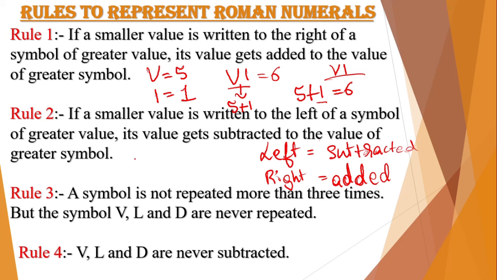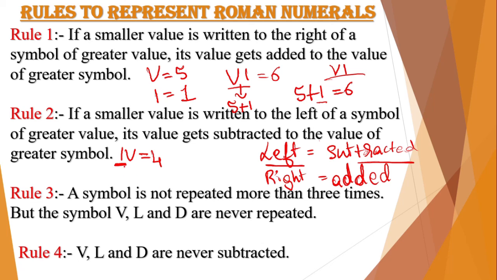Now, let's see the example. So 4 is written as I and a V, right? So why can't we write 4 like I I I I? Why can't we write 4 like this? So the second rule says why we can't write 4 like this and only write 4 like this. So now as I told, if the smaller value is written to the left, its value gets subtracted.